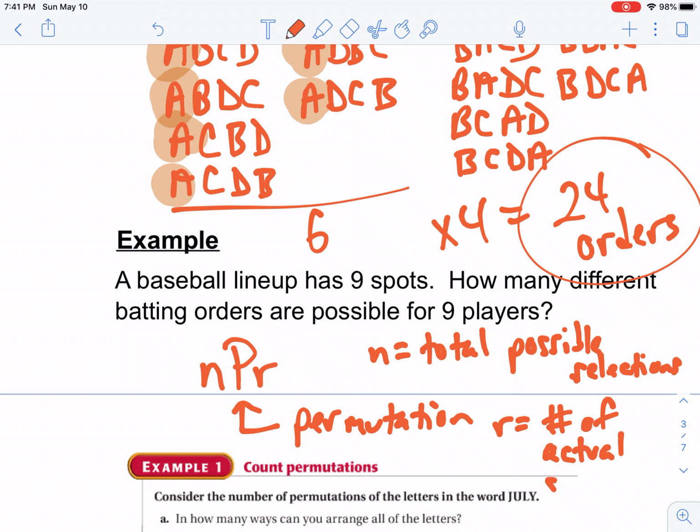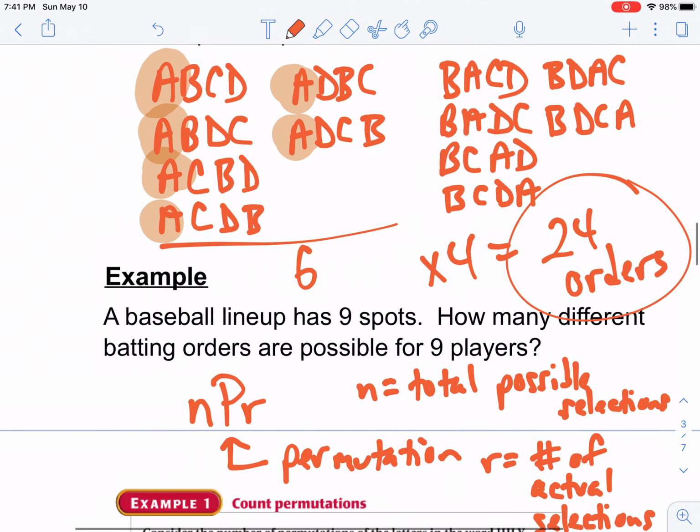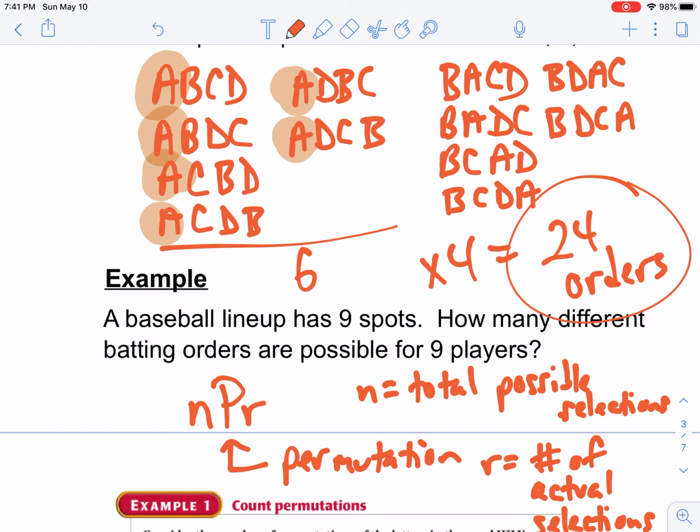So like in the above example, n and r are both 4. You have 4 letters and you're ordering all 4 of them, A, B, C, and D. The example that I mentioned before, if you had 15 players and you only want 9 of them to start in your lineup, the 15 would be n and the 9 would be r. Okay?